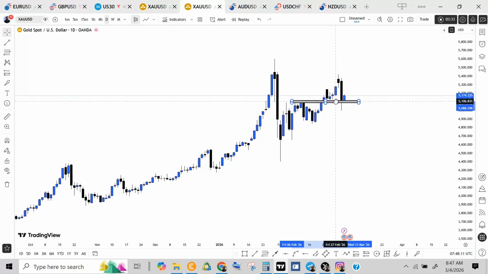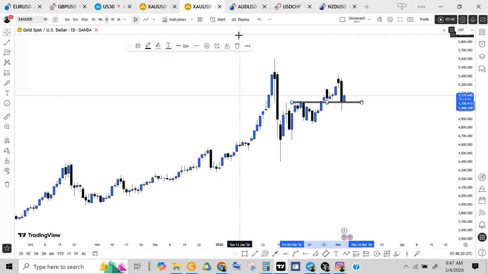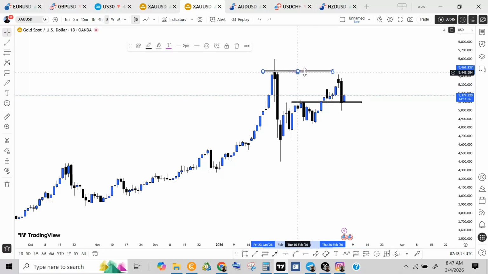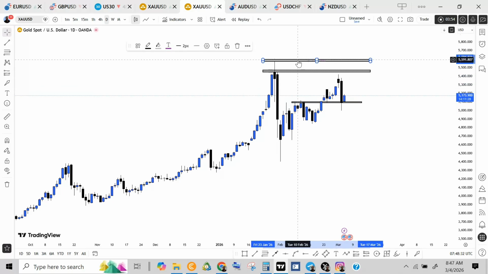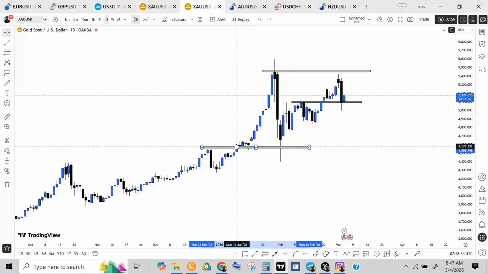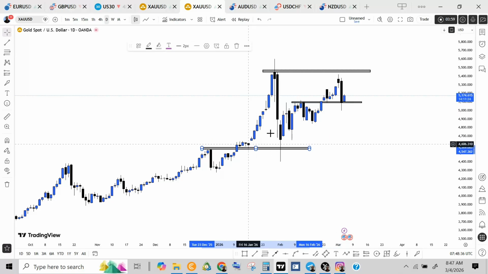So the first key level I can just look at the chart and see is what is happening right now on gold. You know, when I'm teaching, I like using the current price so that you guys can follow up with what's happening and also verify if I actually know what I'm doing. You understand? You need to also know if your mentor knows what he's doing.